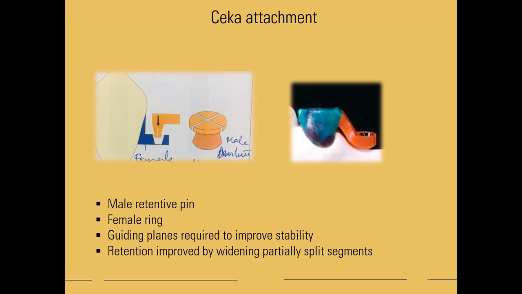And the retentive pins are partially split into 4 segments, and the biggest advantage is that retention can be improved by widening these partially split segments. Now there are different types of retentive pins available based on their dimensions, and here guiding planes are required to improve the stability. So this is about Zika attachment.